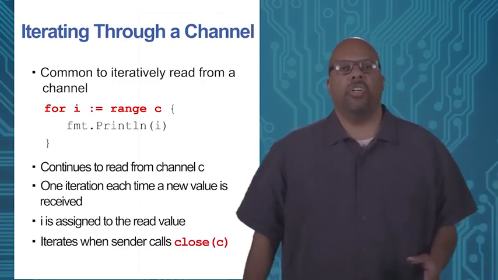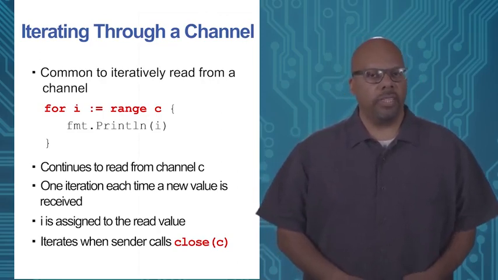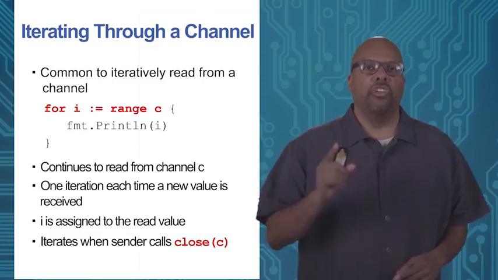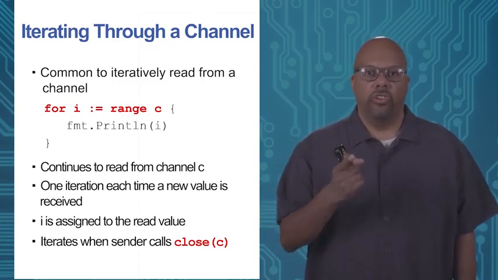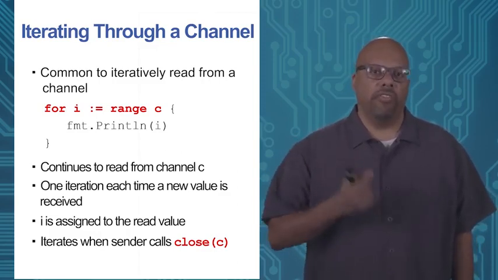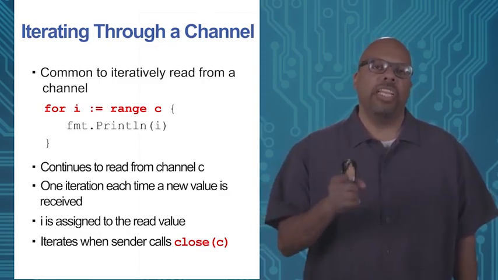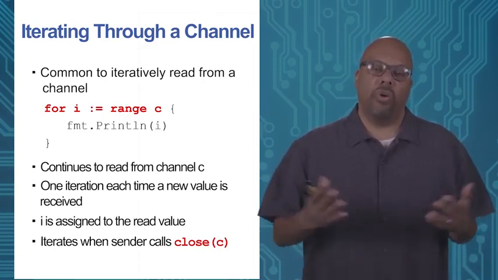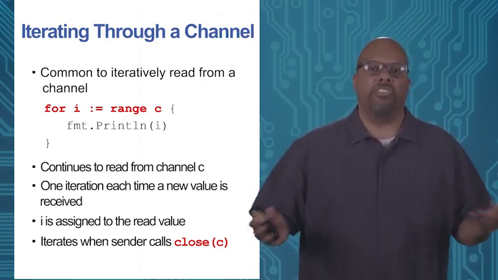Now, you don't have to ever call close on a channel. It's not like a file. You don't have to call close on a channel unless you're doing what I'm showing here, unless you're using a range construct. If you use this range keyword to forever read from a channel, you need to close the channel. The sender needs to close the channel so that the receiver eventually knows, oh, I can quit this loop because now this channel is done.